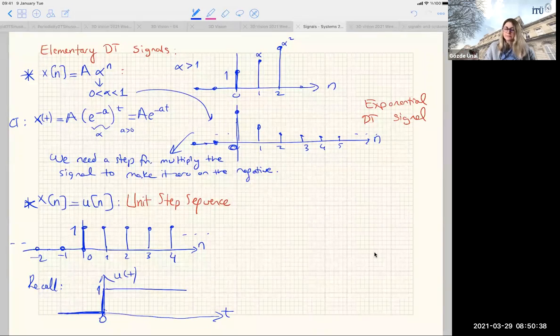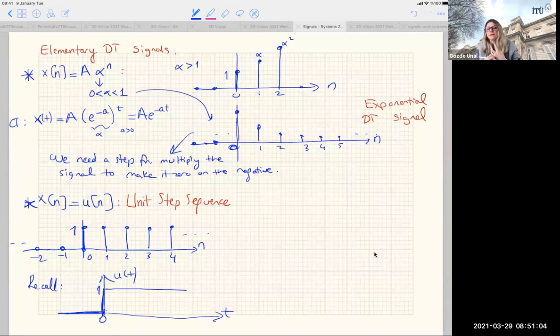And then it's all ones. These are really signals that multiply our signals to indicate a starting event. For instance, in a circuit, maybe you've seen this in your circuits courses, a switch is turned on or closed, then a signal starts to flow through the circuit. That's how you model it.